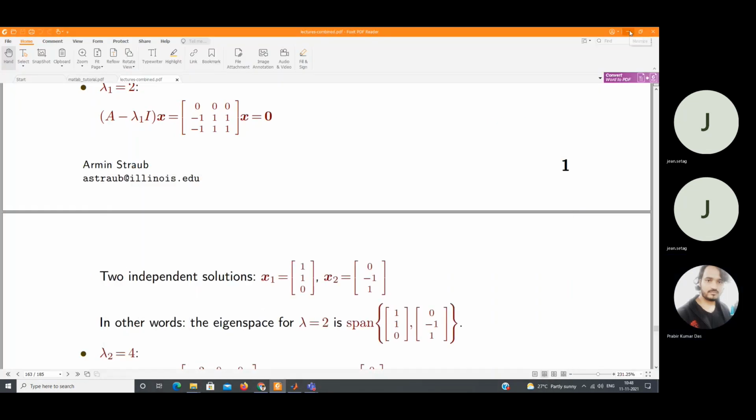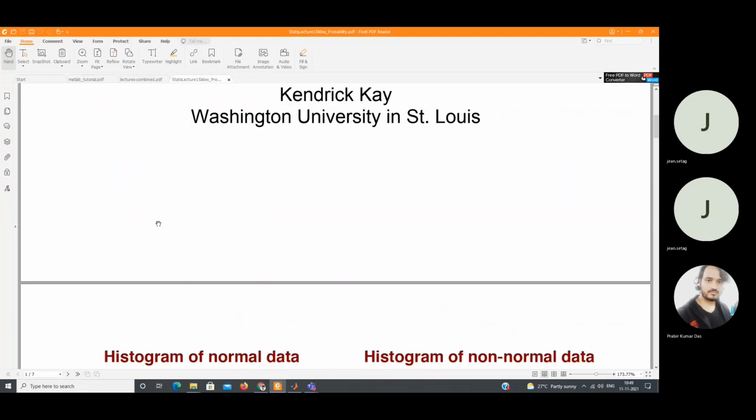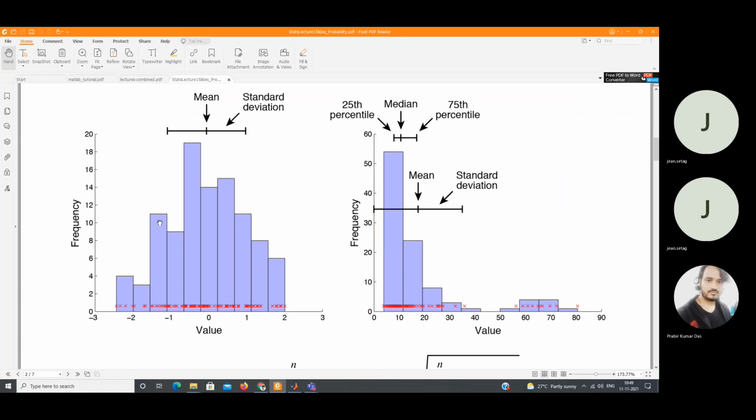So can you please tell me what a histogram is? A histogram is a visual display of the data that we have, sir, from a range to, like in this example, if it's from -2 to -1, how much frequency it has attained. By seeing that, we can interpret if it's right skewed or left skewed or if it's symmetric.